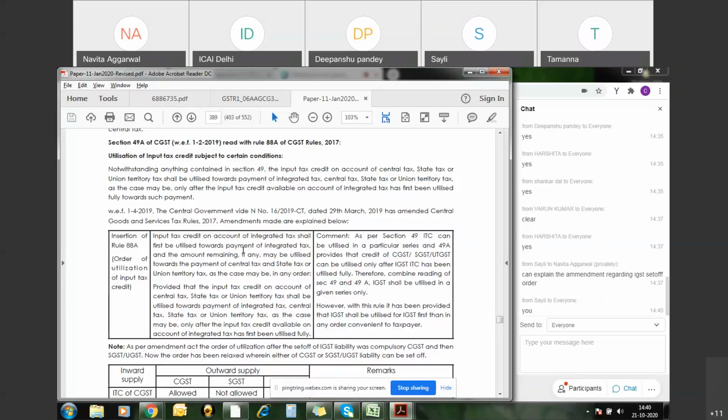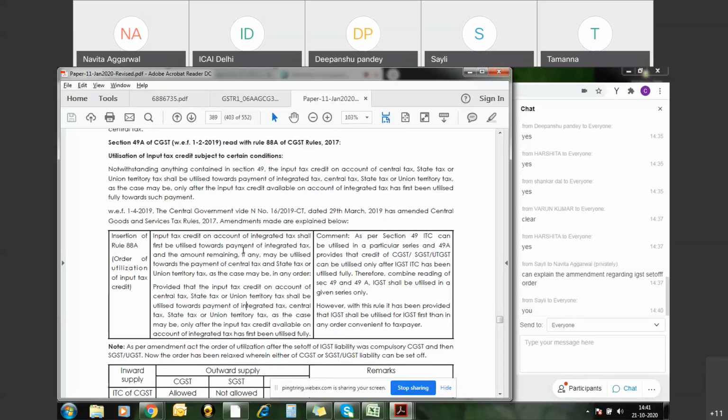Now I am explaining the new set of rules. The ITC available under IGST is to be first utilized against the liability under IGST, and then it is up to the option of the assessee, the registered dealer, to use the remaining ITC against CGST liability or SGST liability or UTGST liability.